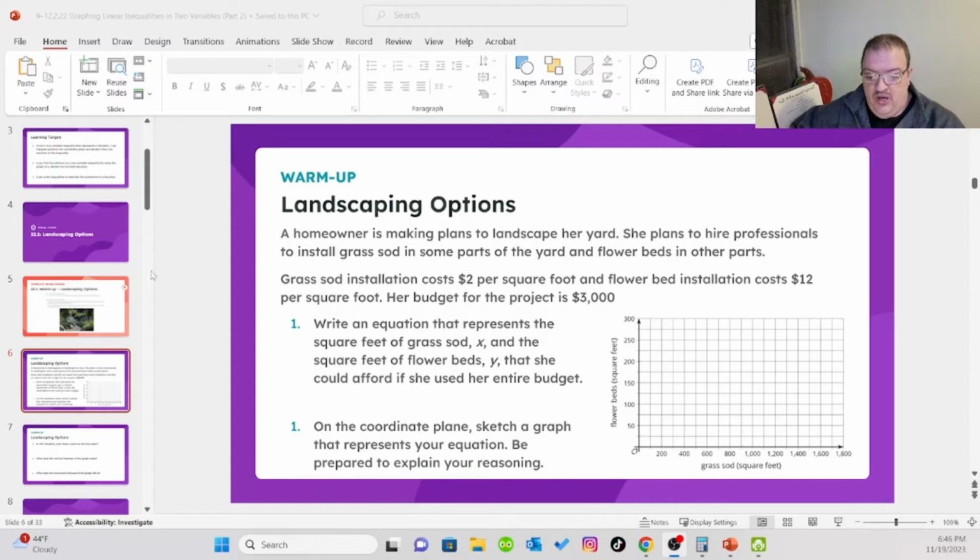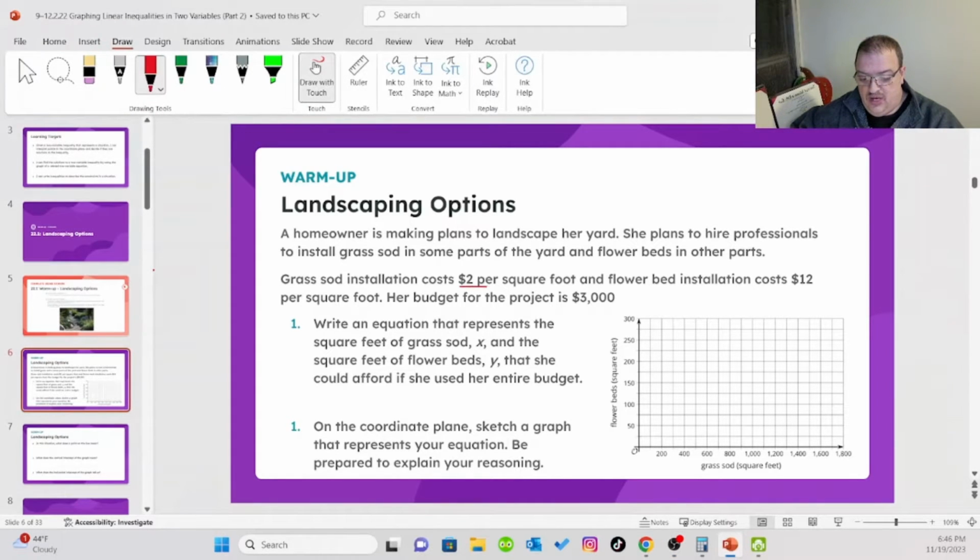So we know that grass sod is $2 per square foot, and we know that grass sod is X. So that would be 2X. That's going to give us the total cost of the grass sod. We also know that flower bed installation is $12 per square foot, and we know that flower beds are Y. So that would be 12Y.